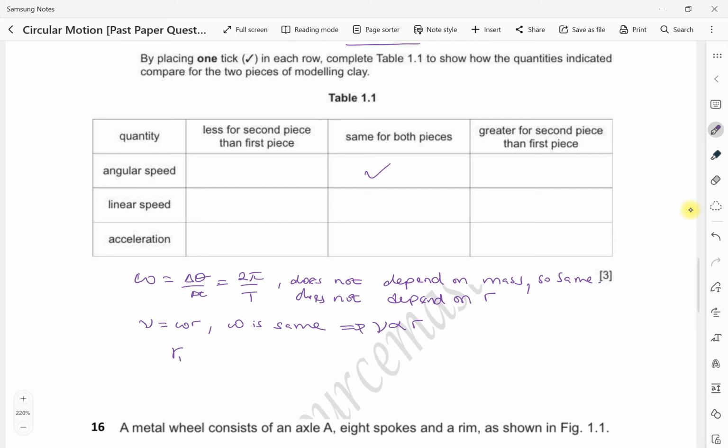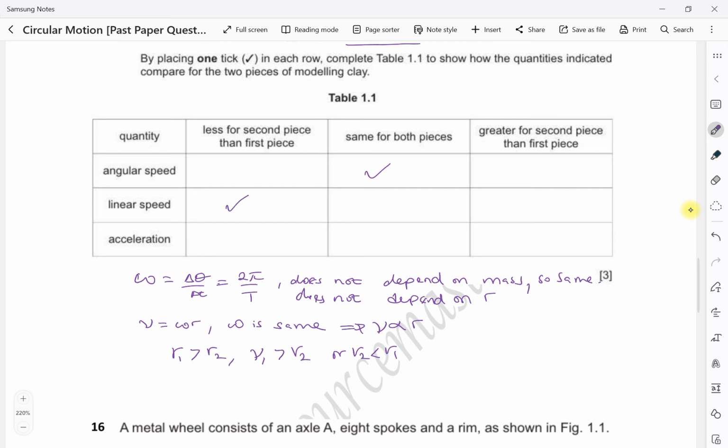R1 was greater than R2. So it means v1 is greater than v2, or v2 is less than v1. The linear speed for the second piece is less than that for the first one.